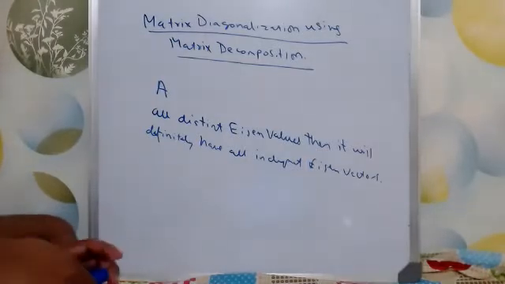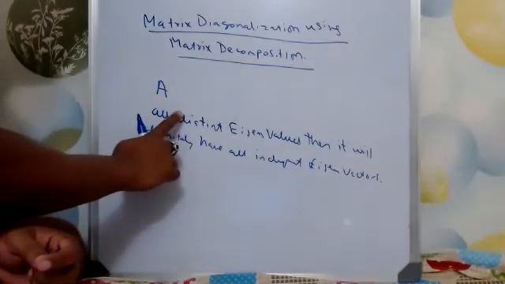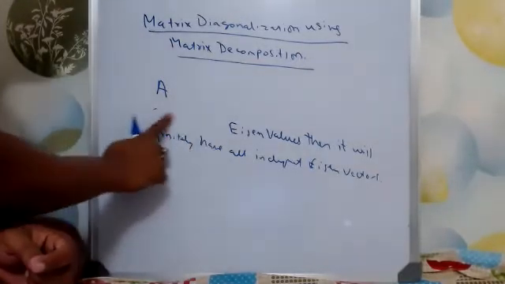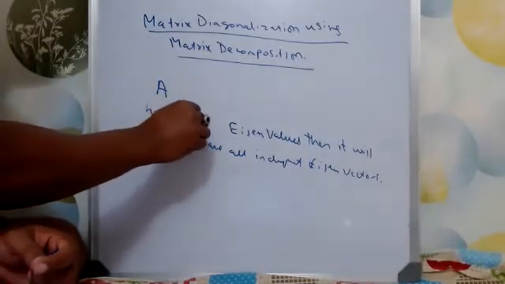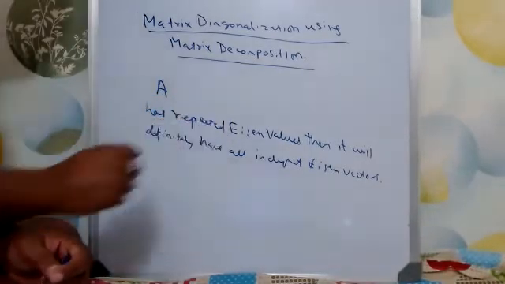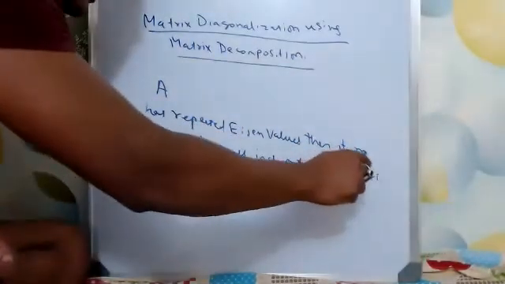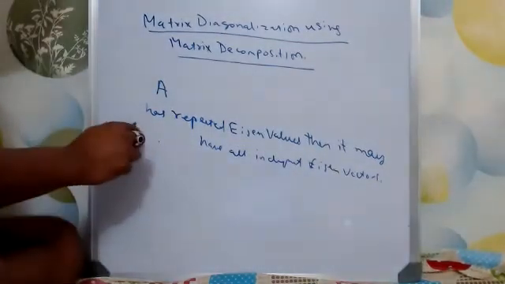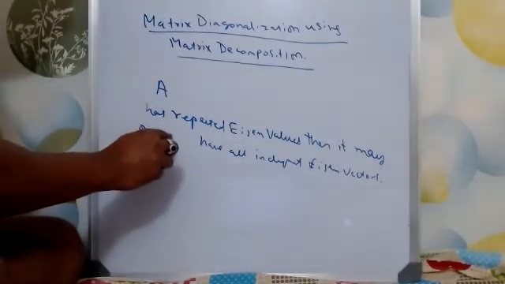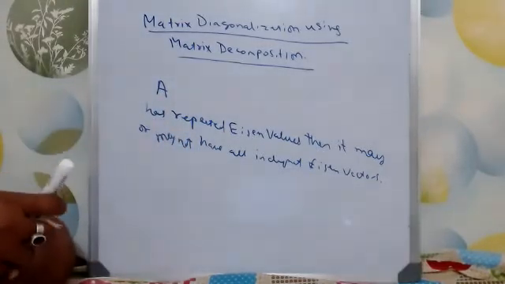But if you see that a matrix has repeated eigenvalues, then what is the law? If A has repeated eigenvalues, then it may or may not have all independent eigenvectors.